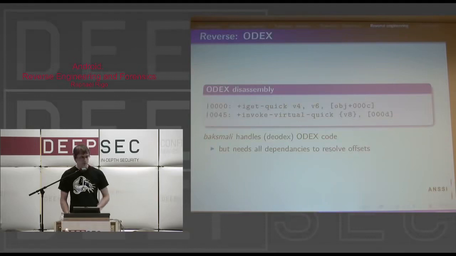It is the same for methods. You only have a reference to a vtable. So the code is really hard to read, and you would have to do a manual lookup every time to find attributes and methods. Fortunately, Baksmali handles Dex files and ODEX files with an operation called deodex.